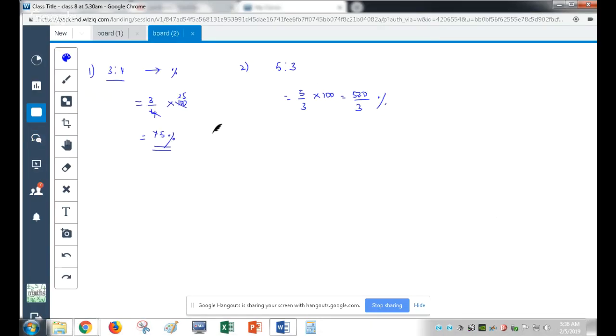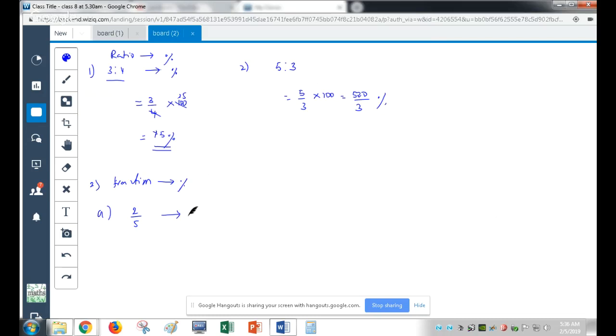So this is how to convert a ratio into percentage. The same way, how to convert a fraction into percentage. Same, because all the ratios will be considered as fractions.